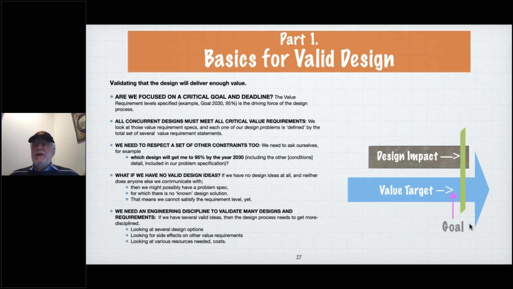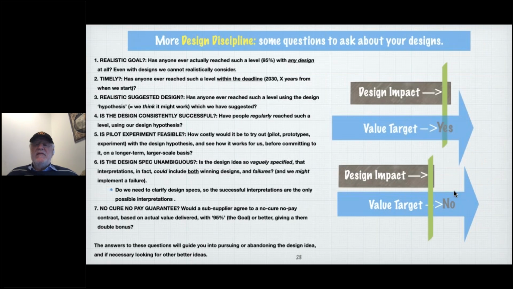So in simple graphical terms, this particular design has an impact which exceeds what we need, therefore it is valid. If it didn't exceed it, if it left us here, we'd say it's maybe partly valid, but it either has to be improved so it becomes valid, or we have to add one or more additional designs so we get to our goal. So that's the very basic idea of design in a picture with the design language icons we use to graphically express ideas of design.